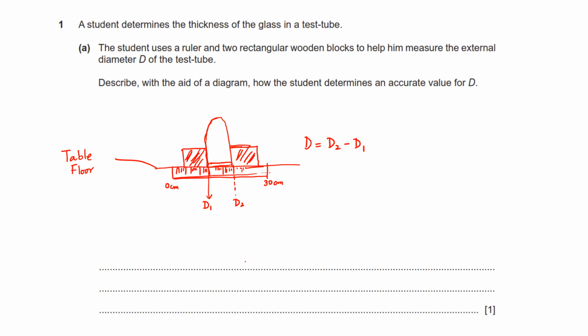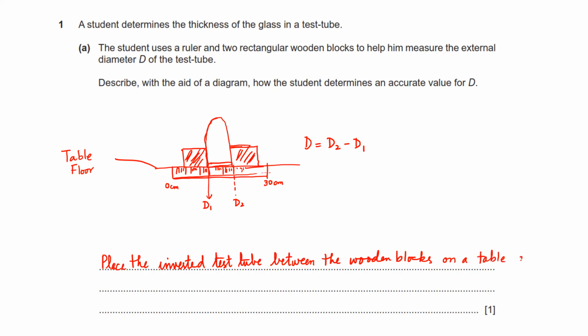So let's try to write it down. Place the inverted test tube between the wooden blocks on a table as shown.